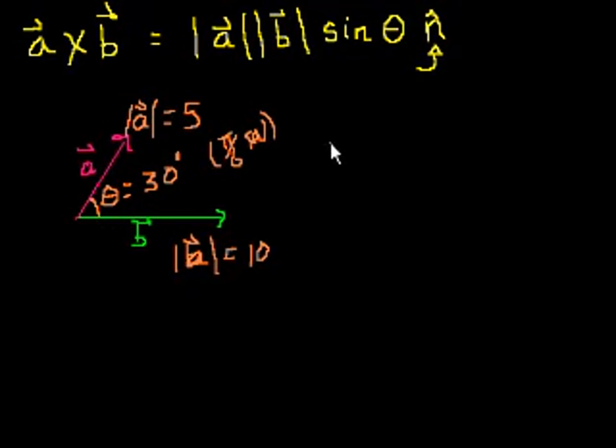So what will be A cross B? A cross B is going to equal the magnitude of A, so the length of this vector, which is 5, times the length of this B vector, so times 10, times the sine of the angle between them.